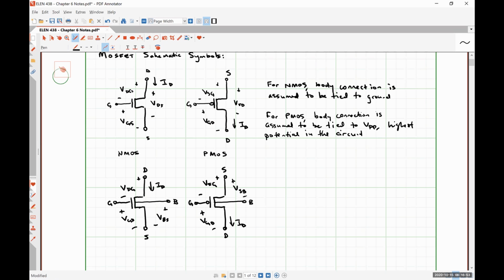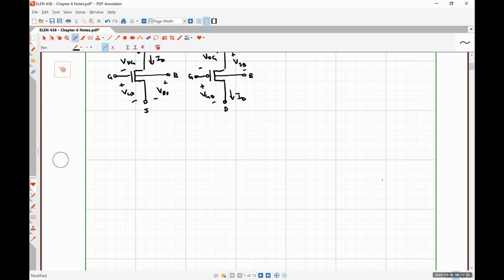So really the only difference between the NMOS and the PMOS transistor models that we're using is that the direction of the drain current is going to change. For an NMOS, it flows from drain to source. For a PMOS, it flows from source to drain. And then all of our relative voltages are simply the negative value, because we can get those by switching the subscript notation, which is the same as multiplying it by a factor of -1.